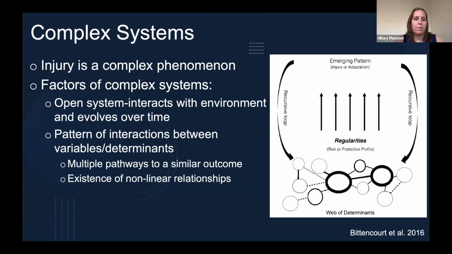It may change. And the pattern of interactions between the variables may not be linear. A lot of times we look at this data from a linear perspective, but there may be nonlinear relationships, and the strength of relationships between the variables may be different. There can also be multiple pathways to a similar outcome. And there's a recursive loop, which basically means feedback to the system.